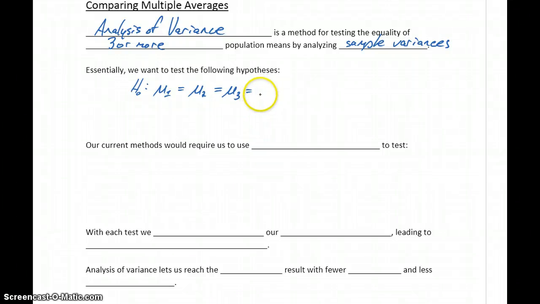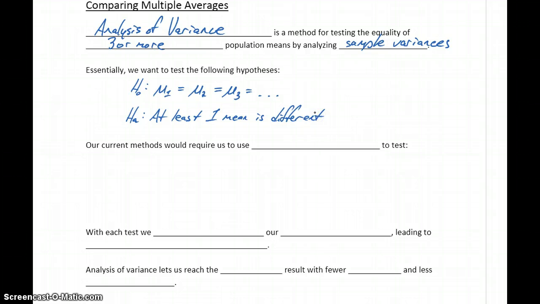So we could have a fourth, fifth, sixth. So that list is going to go on for however many data sets we have. Versus the alternative hypothesis that at least one mean is different. So the null hypothesis that they're all equal, the alternative that at least one is different.